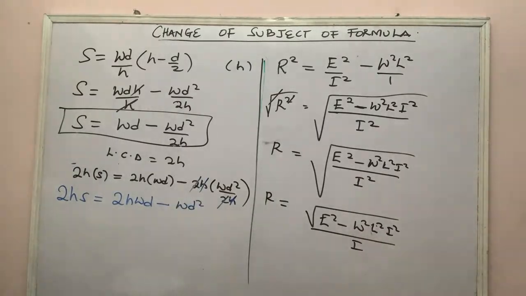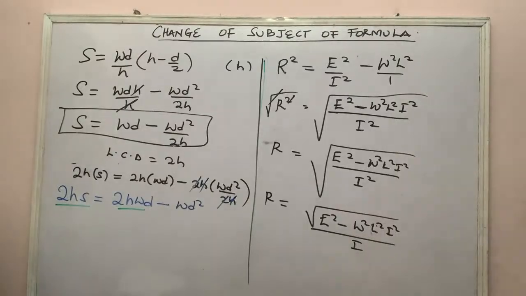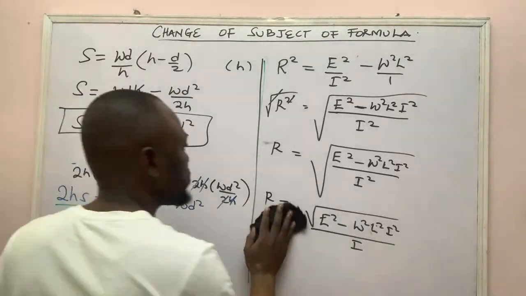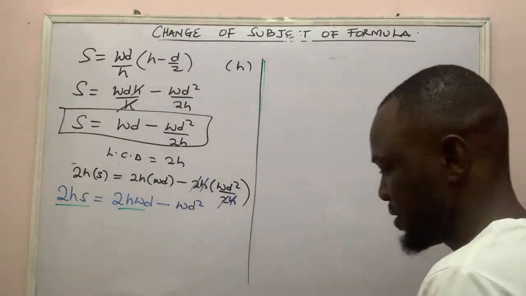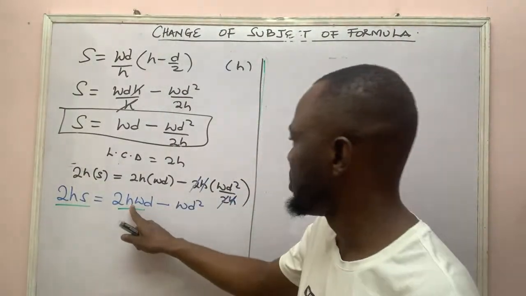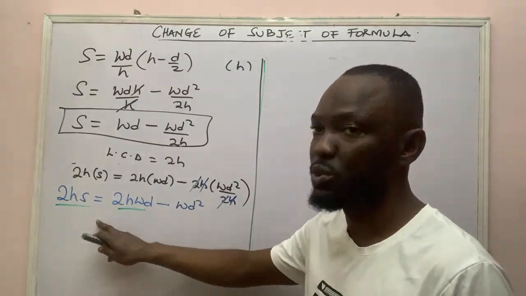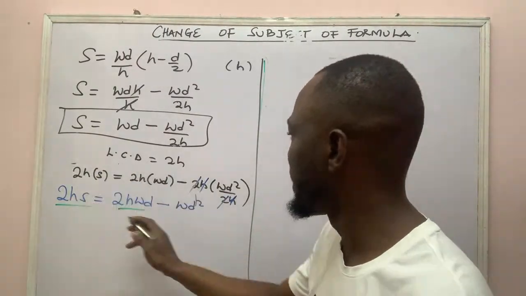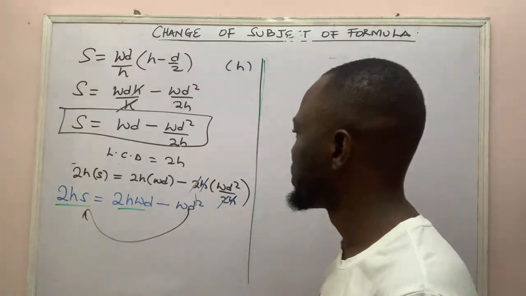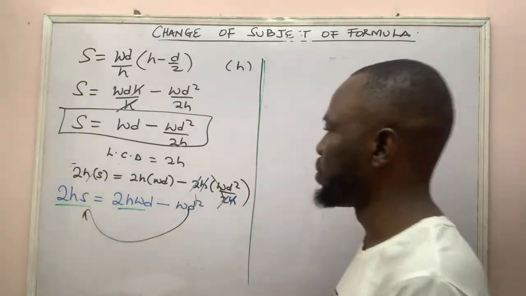All right? So because we want to make H the subject, I have H here and I have H here. Since I have H here and I have H here, what am I going to do? So I want to take two of them together. So I can decide to take this to this side of the equation and bring this here. All right, so that H and H can be on one side of the equation.